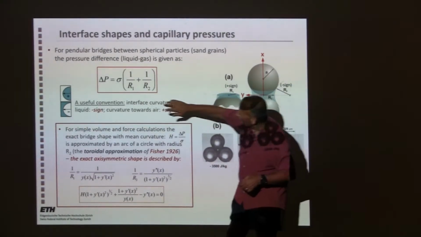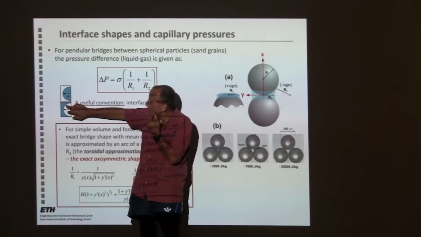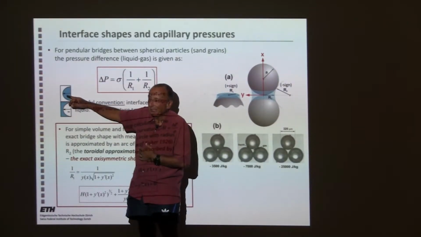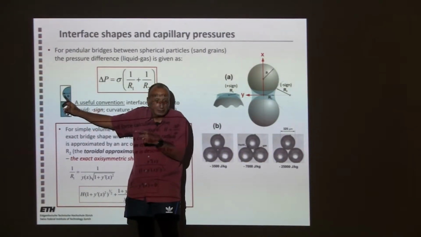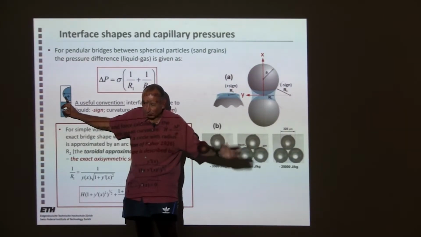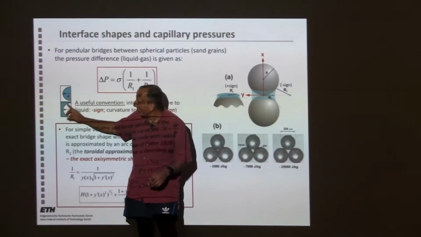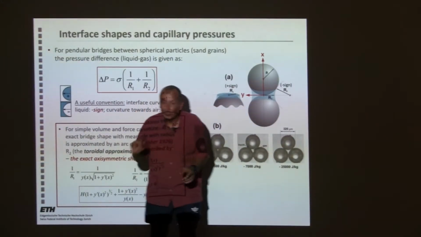I wrote this little icon here, and then I looked at it again today and thought, maybe it's a bit confusing. The basic idea is that the bulging of water into air will have a positive sign, in terms of pressure in the liquid. Every time we're looking at the difference between the pressure in the liquid and the pressure in the air. So this will have a positive sign to the radius. This will have a negative sign to the radius.